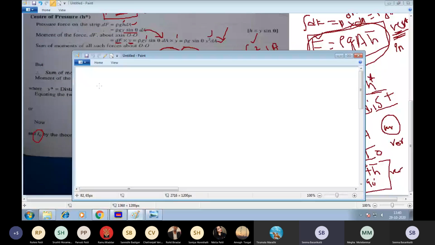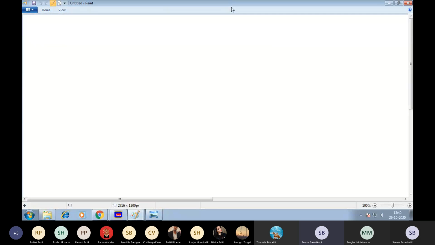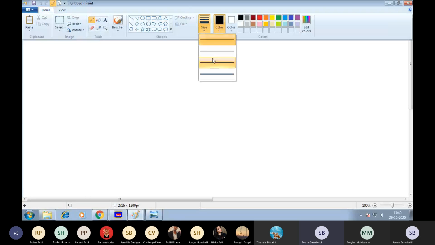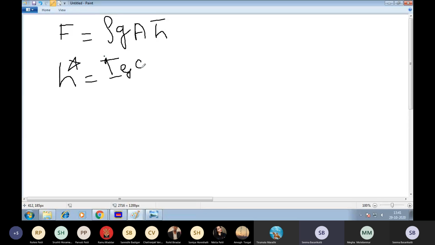So the value of F is calculated by taking F is equal to rho g A into h bar, and h star is Ig sine square theta divided by A h bar plus h bar.